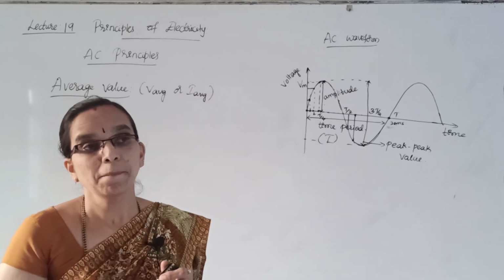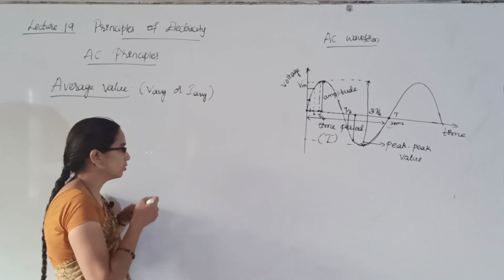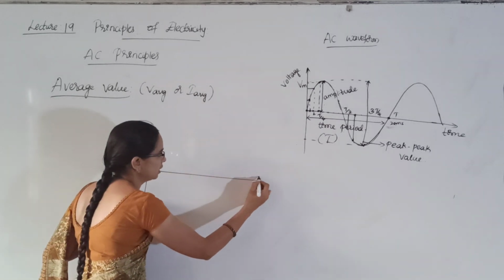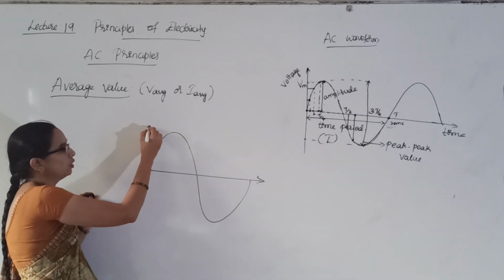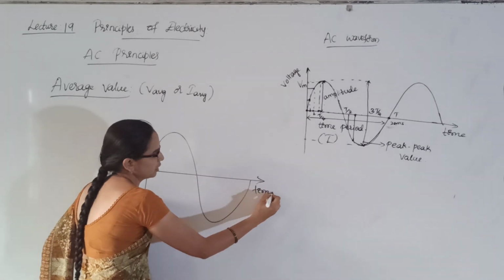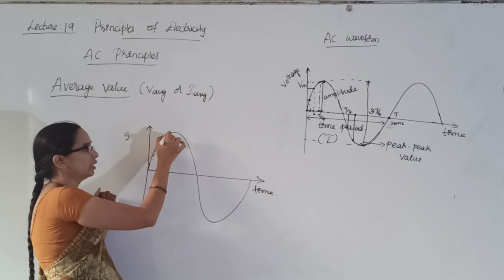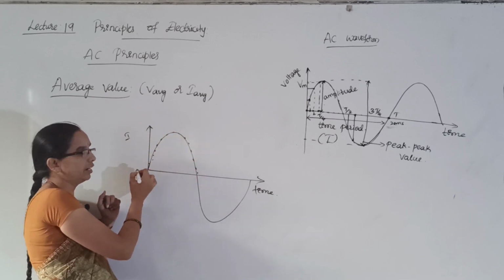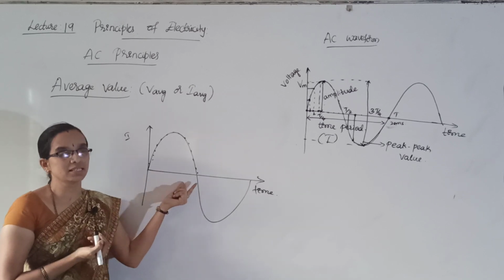In some cases, that is average value in the sense, see, we have already told that in the AC signal there are n number of current or voltage values you will get. At any instant of time you take, there are so many instantaneous values.